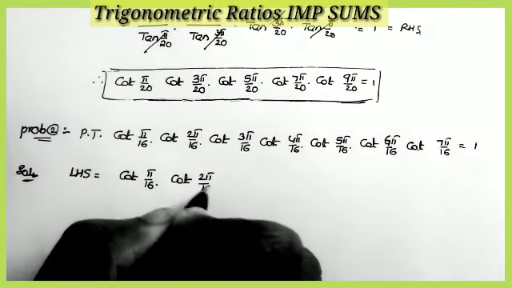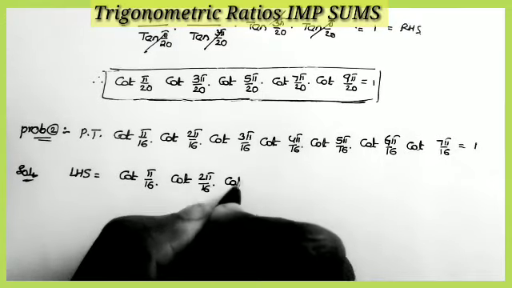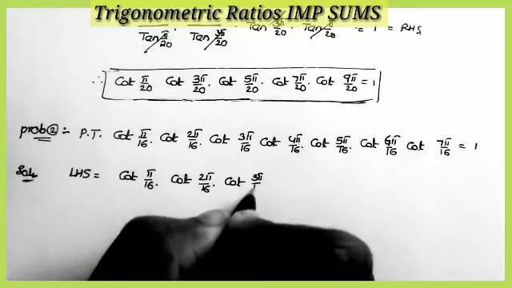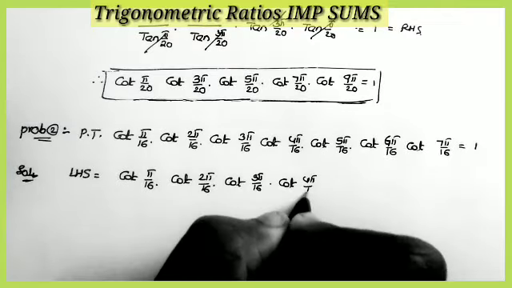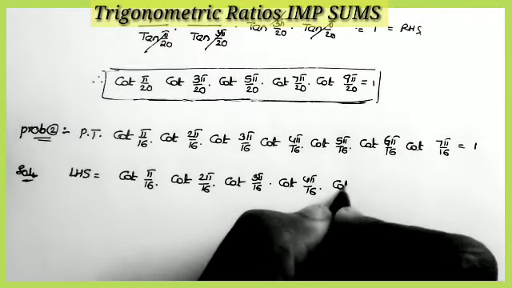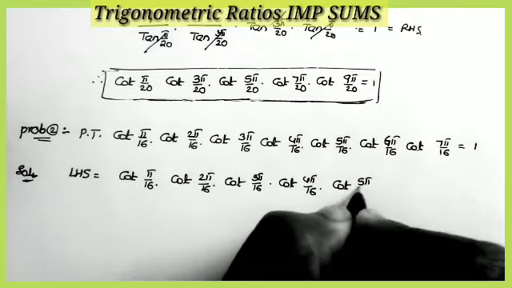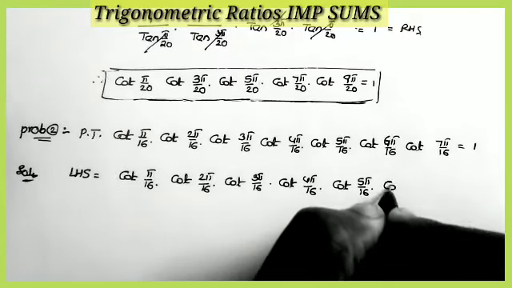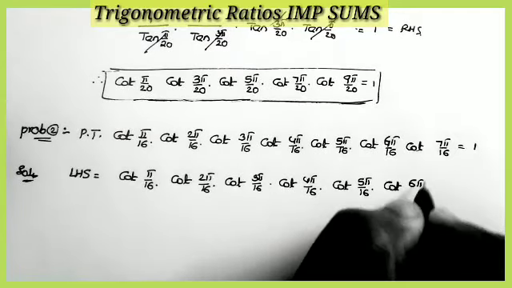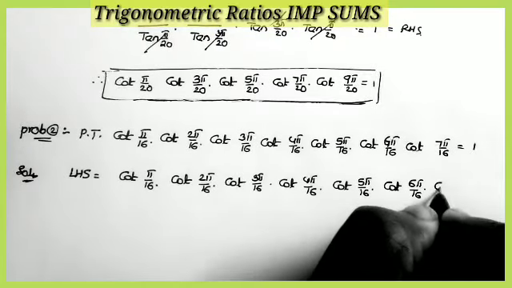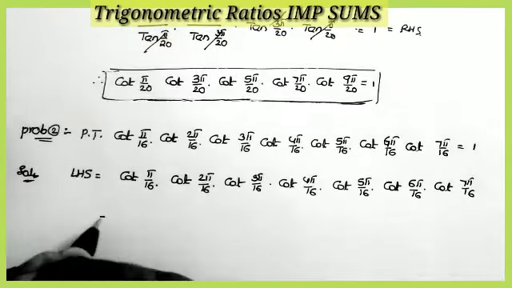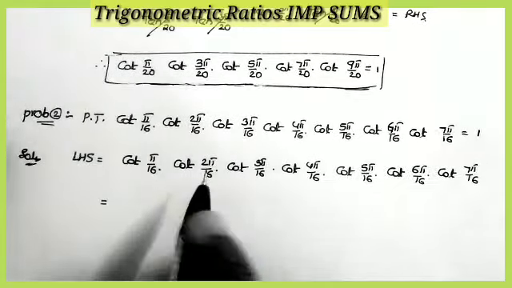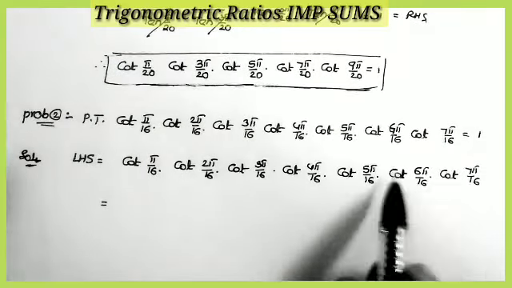For that, first I am taking the LHS here. Cot pi by 16 into cot 2 pi by 16 into cot 3 pi by 16 into cot 4 pi by 16 into cot 5 pi by 16 into cot 6 pi by 16 into cot 7 pi by 16. Always remember that when we have the answer 1 and this is the cot function, then simply convert the last three values.